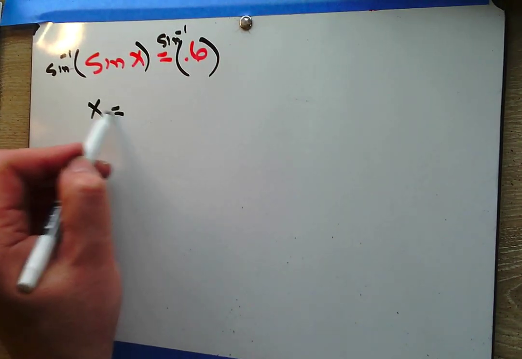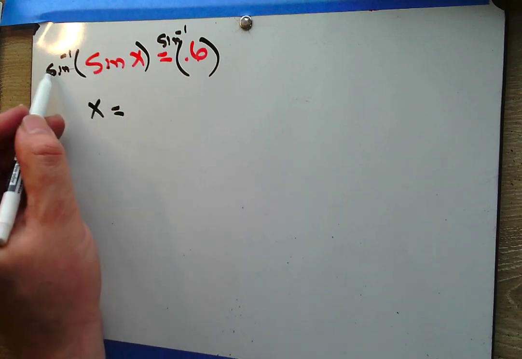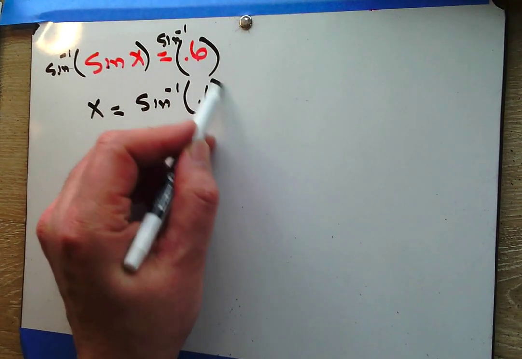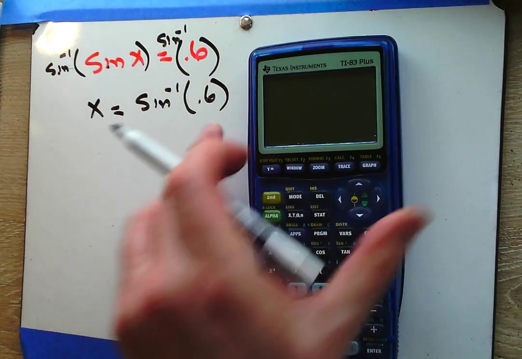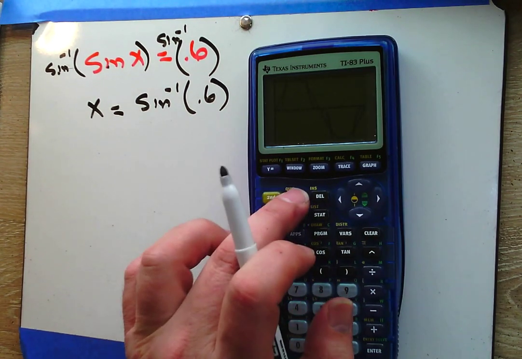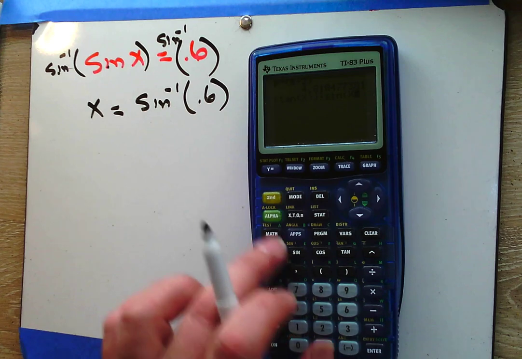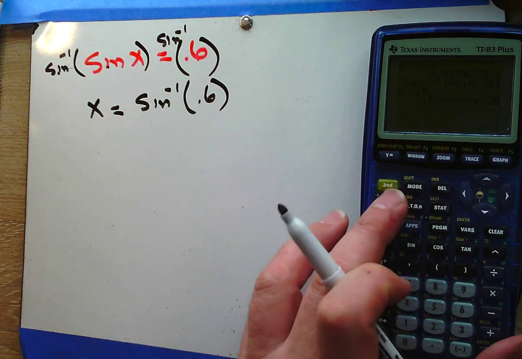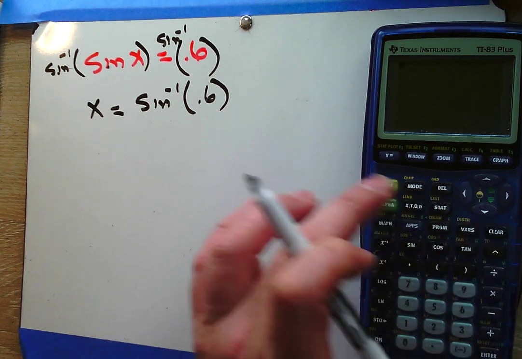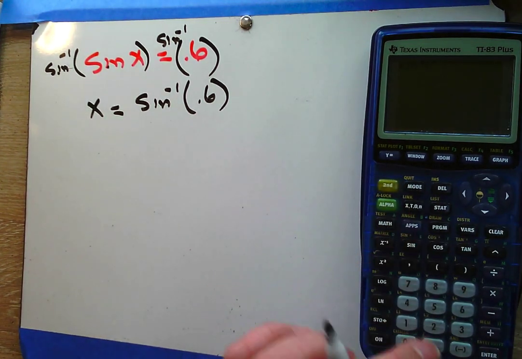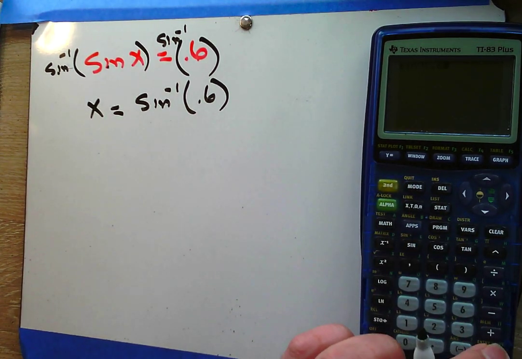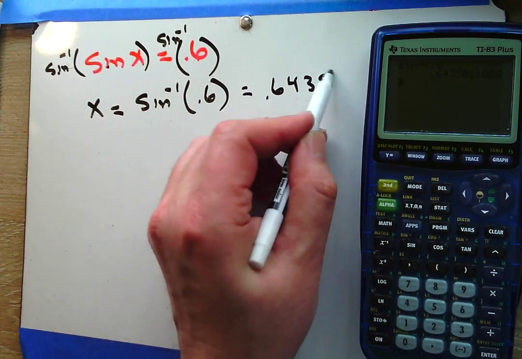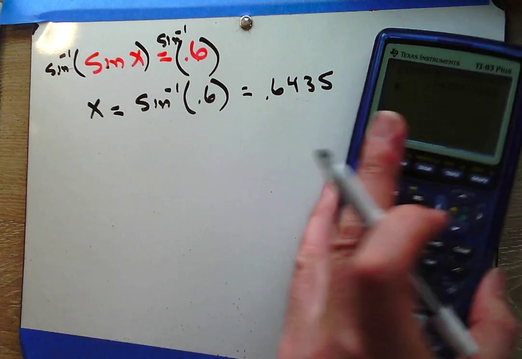And I would get that x, because sine inverse and sine cancel each other out, equals sine inverse of 0.6. My calculator, remember, is set in radians. My calculator says the inverse sine of 0.6 is 0.6435.